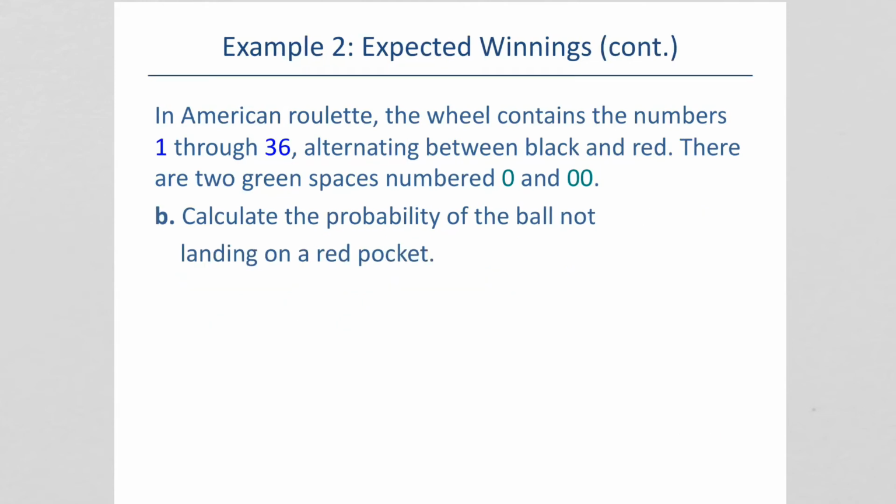It says, calculate the probability of the ball not landing on a red pocket. That's 1 minus the probability of a red, which was 9 over 19. It's 10 over 19.